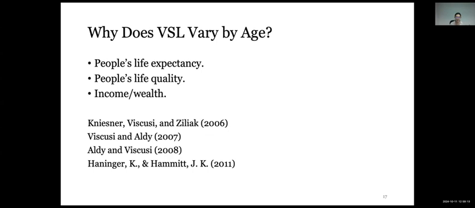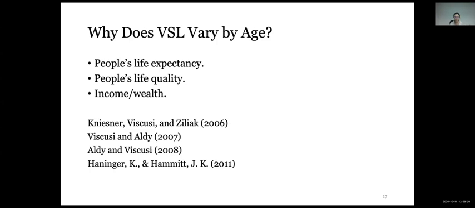Whereas if you are in your 80s or 90s, you have fewer years to live, therefore your willingness to pay tends to be lower. So for younger people, their willingness is higher because they have larger life expectancy than older people. That is one reason why the value of social life might vary by age.